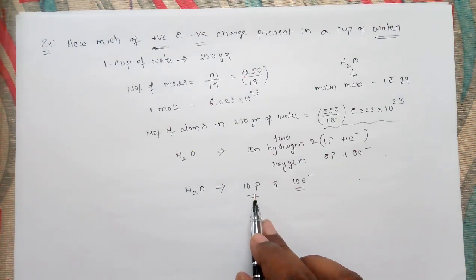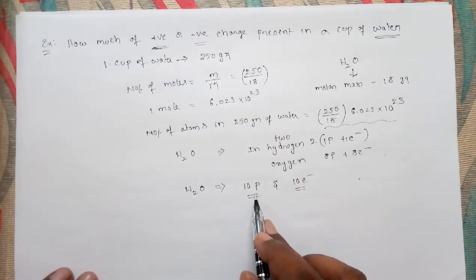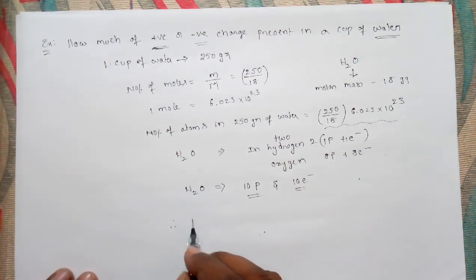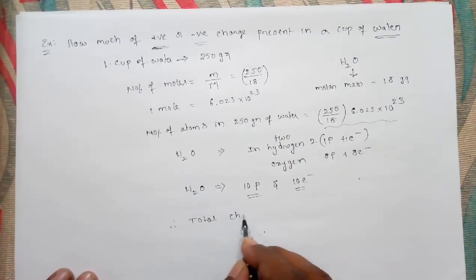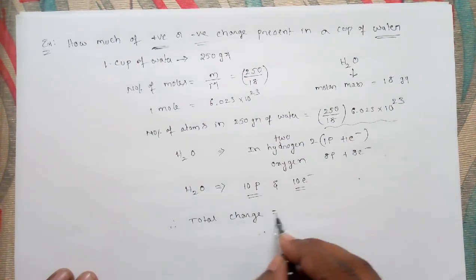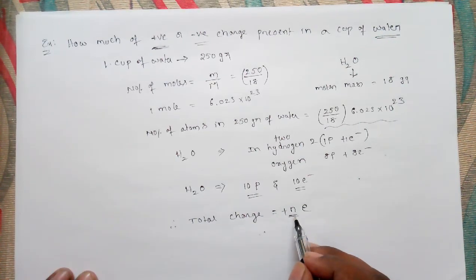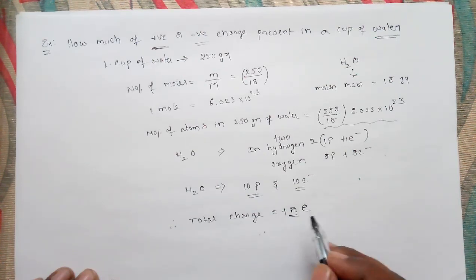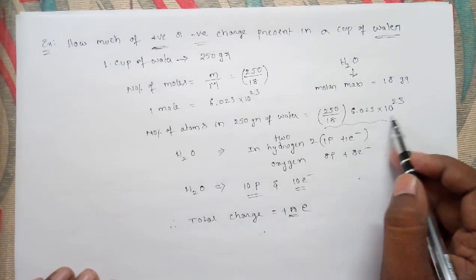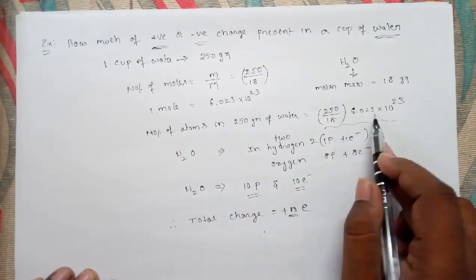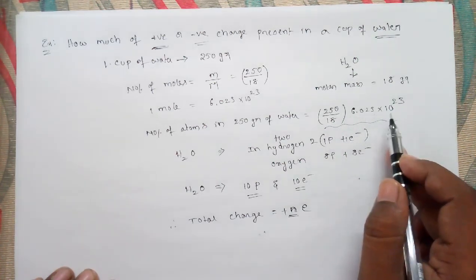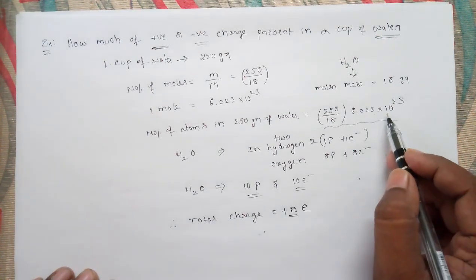Therefore, the total charge is equal to N e. Here we are taking the positive charge. The number of protons means the number of positive charges. So it is the number of moles into the Avogadro number, and if you multiply with 10, we get the total number of positive charges present.